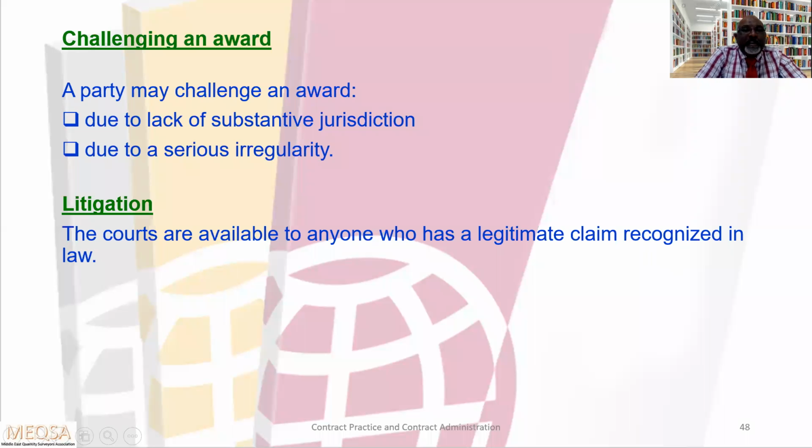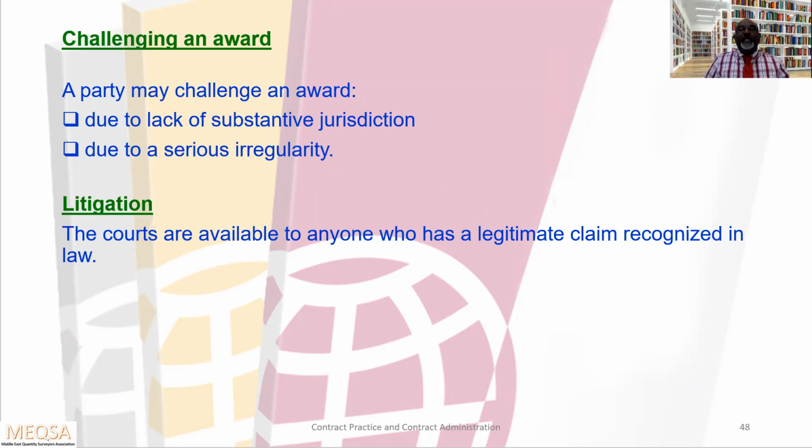Challenging an award, an arbitration award. A party may challenge an award due to lack of substantive jurisdiction or due to a serious irregularity. So these are the two grounds to challenge an arbitration award. The next one, litigation. The courts are available to anyone who has a legitimate claim recognized in law.